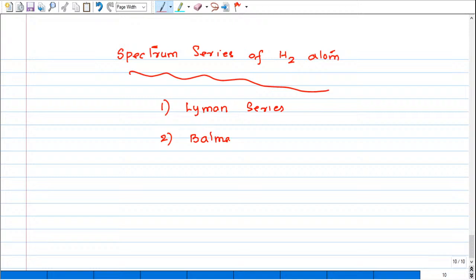This year I am expecting a particular question from this series, Balmer series. The next ones are Paschen series, Brackett series, and finally Pfund series.